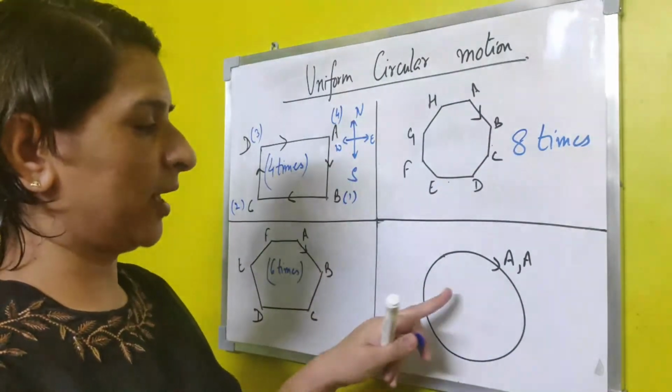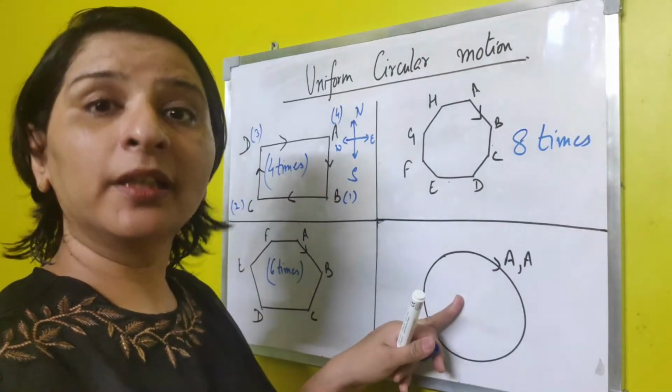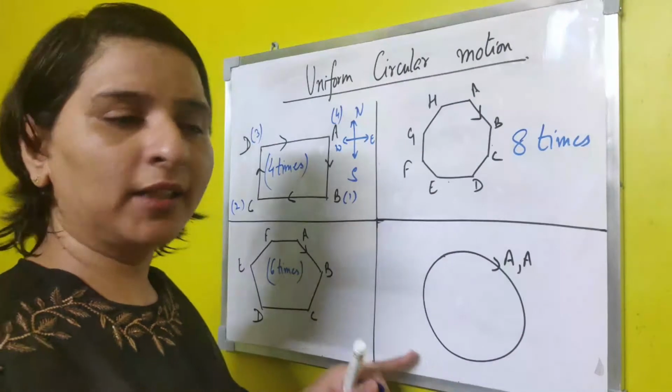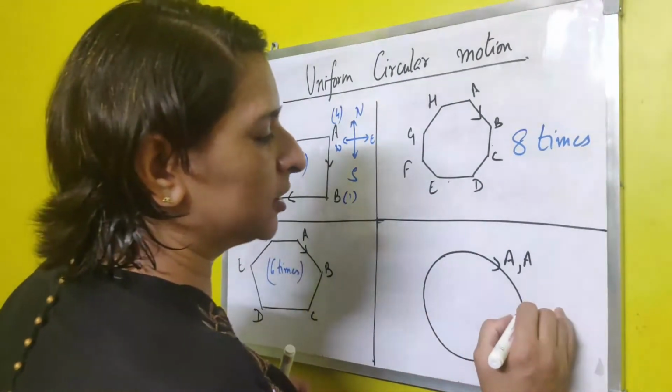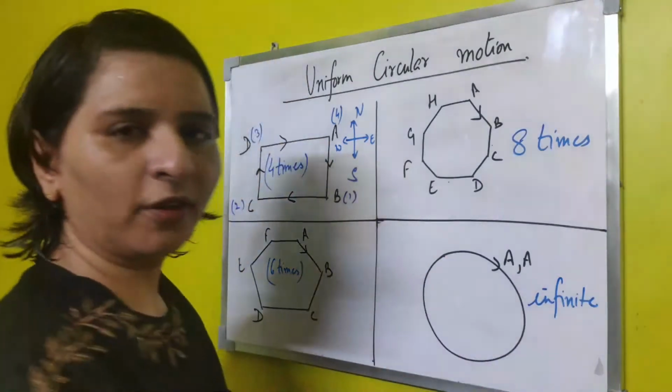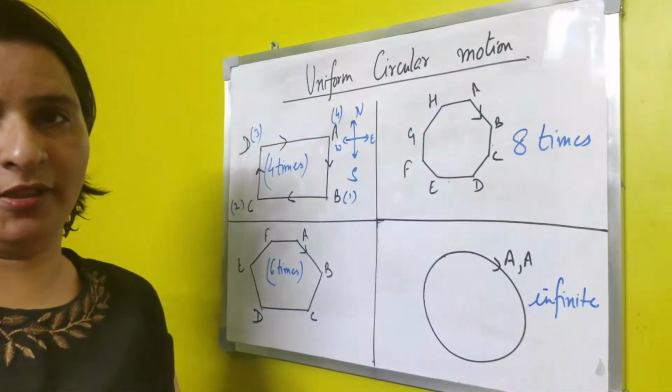But what if it has to take a circular track with infinite sides, you can say. For a circular track, it will have to change the direction an infinite number of times, although the speed is constant.